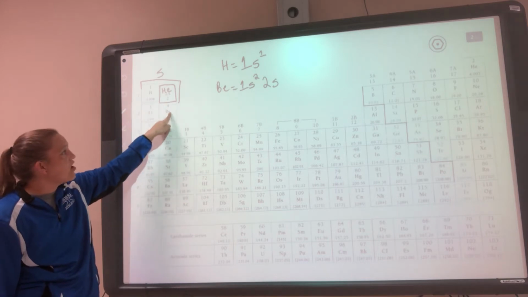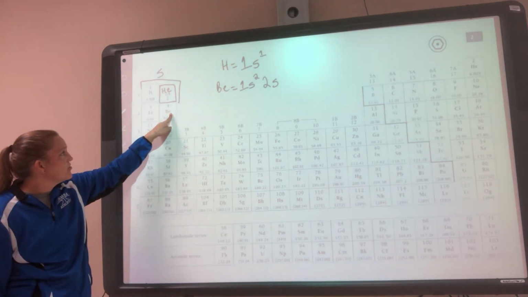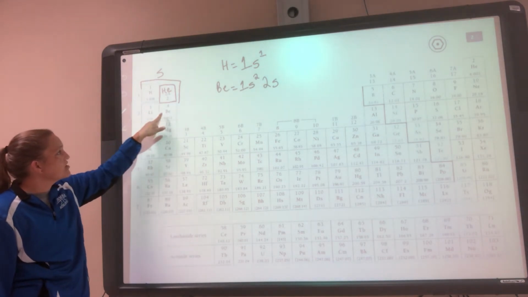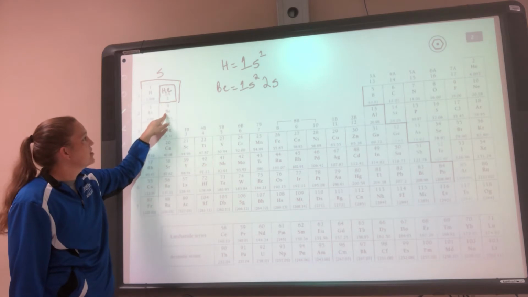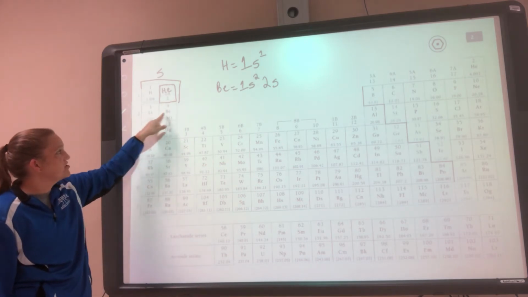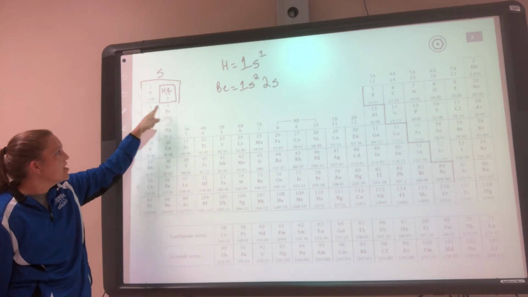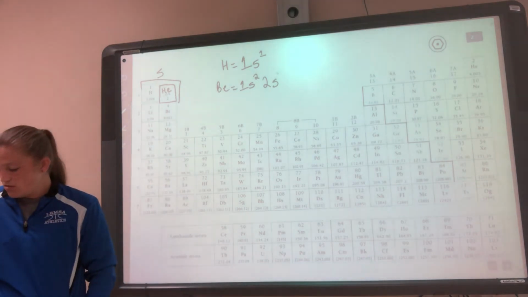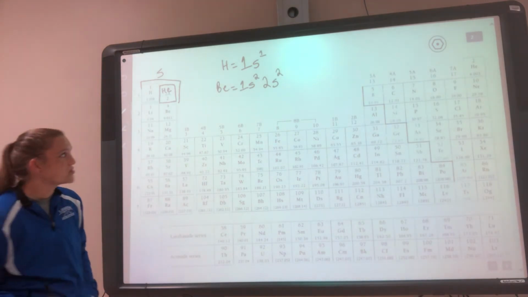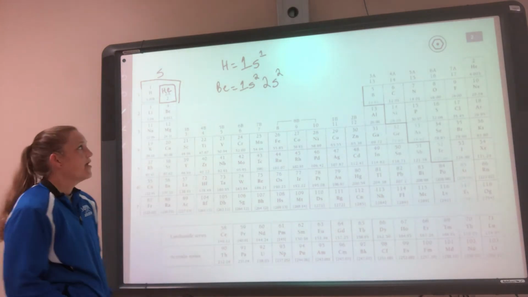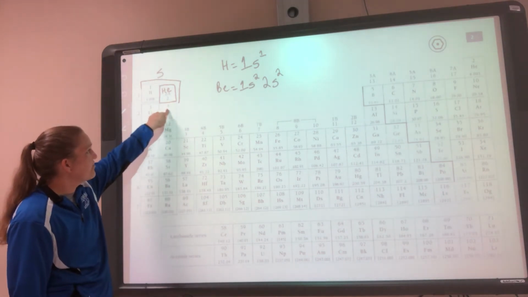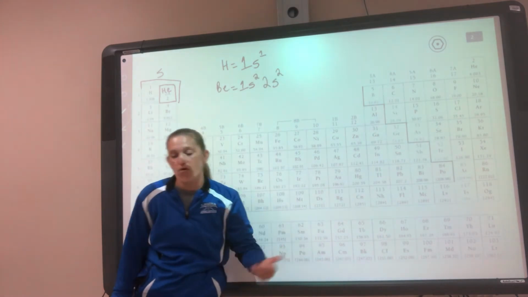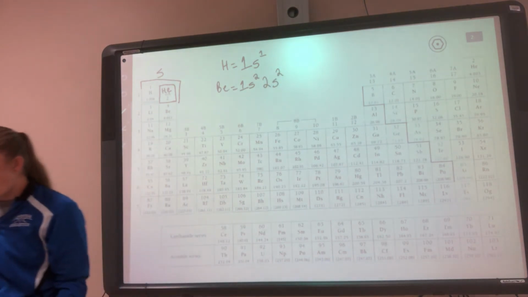But we know we have to get all the way to beryllium, so we wait with our exponent and look. Beryllium is also in the 2s, so instead of writing 2s1 twice, we write 2s2, because these two are both in the s orbital. So we write 1s2, 2s2. The way we can check it is we know beryllium has 4 electrons, so we add up my exponents: 1, 2, 3, 4. 4 electrons. I've notated where they all should go.